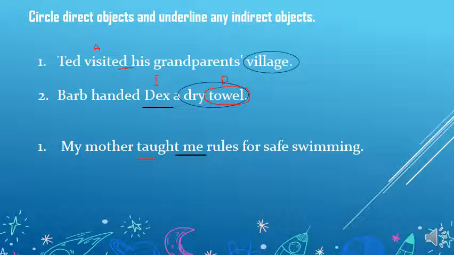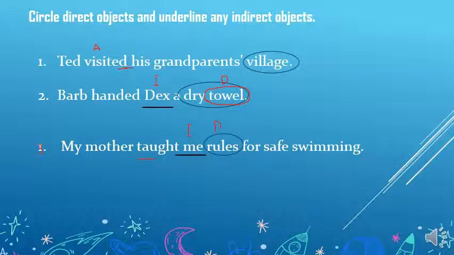My mother, this is number 3. My mother taught me rules for safe swimming. So what did my mother teach me? Or what did your mother teach you? She taught me rules. And of course we said that the indirect object comes before the direct object.